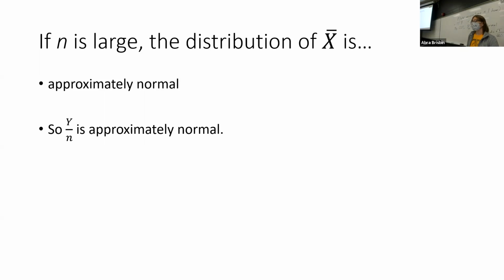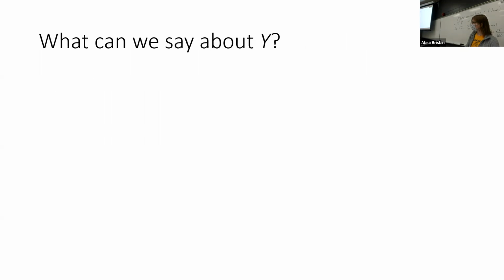So that tells us that y over n, which is x bar, is approximately normal. And then based on that, what can we say about y is our question.